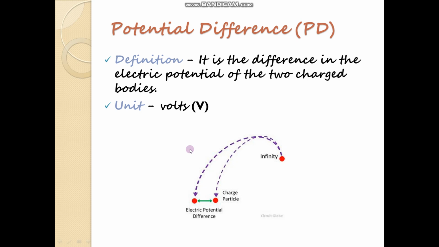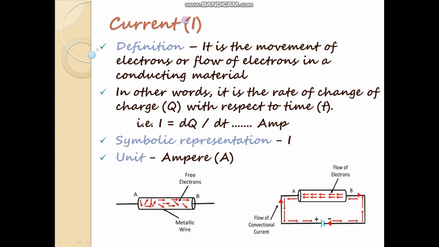Its unit is volt. The next is current. We have seen that when we connect the battery to the conducting material, then electrons start moving from the negative to the positive end. Now, current is the movement or flow of electrons in the conducting material, and this current flows in the opposite direction of the flow of electrons.